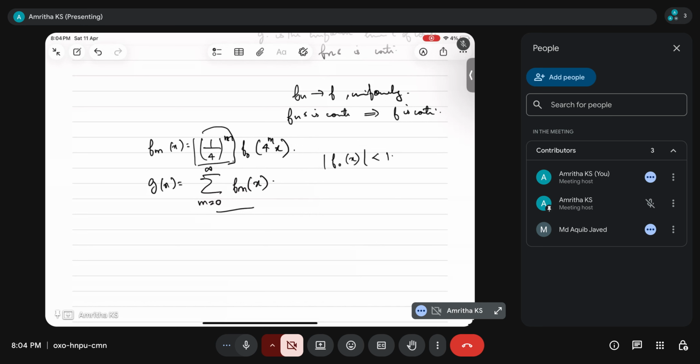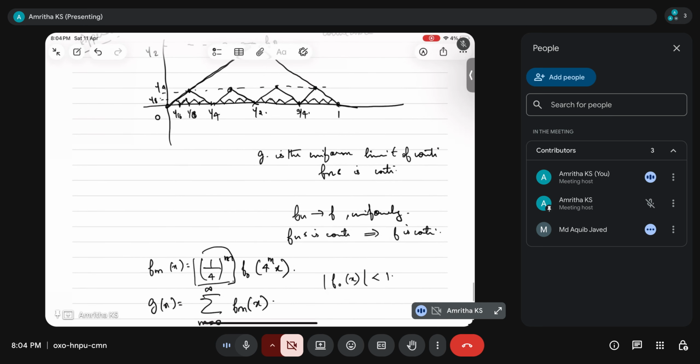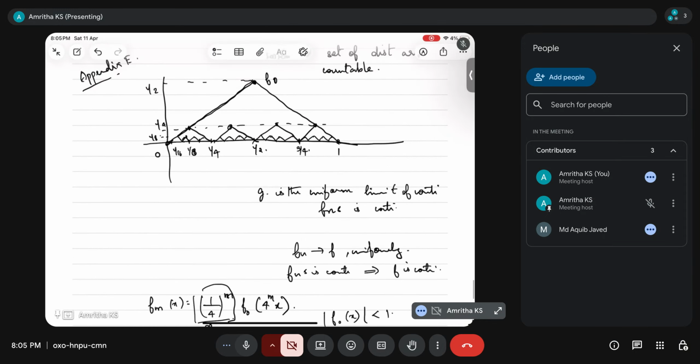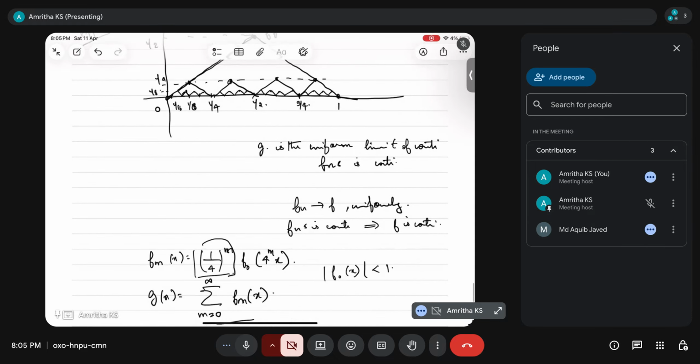They will create a problem actually. We are taking the scaling because otherwise these f_m will go to 0, right?